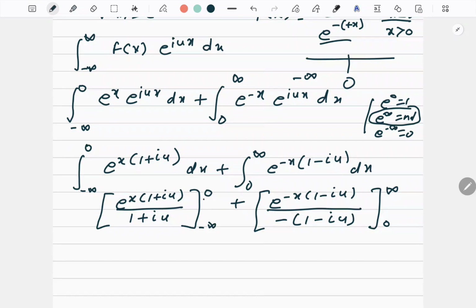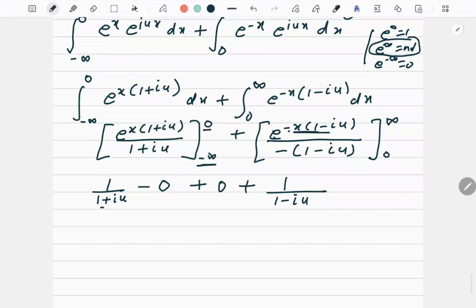First I put upper limit 0, and I have told e to the power 0 is 1, right? So 1 upon 1 plus iu minus, now I will put the lower limit. Now lower limit is minus infinity. So if I put e to the power minus infinity, I know it is 0, right? Then go to the second bracket for plus, if I put infinity here, it becomes e to the power minus infinity, that is 0, okay? Now minus lower limit, if I put 0, e to the power 0 is 1. So 1 upon, minus minus becomes plus, 1 minus iu.